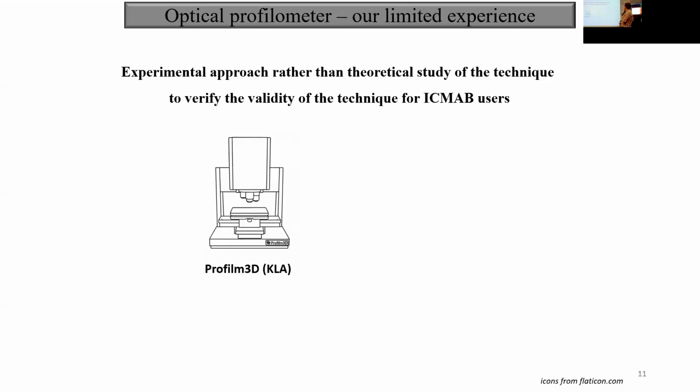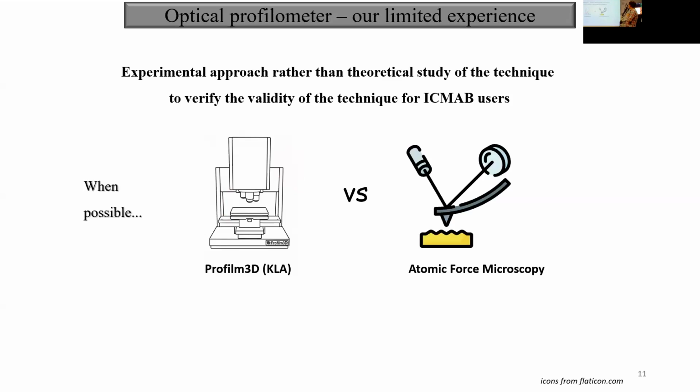So, as I said, our approach has been more experimental than theoretical, and we have been verifying the validity of the technique for different samples of ICMAB. When possible, we have been combining both AFM and optical profilometry.